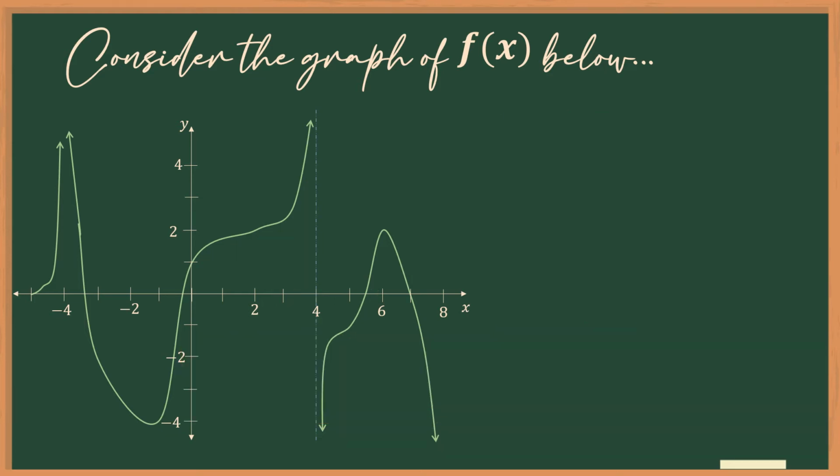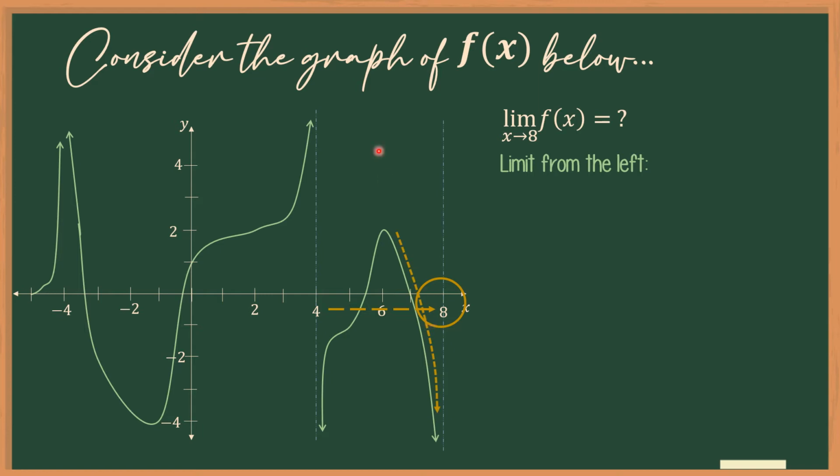We do the same thing for x equals 8. So we evaluate the limit as x approaches 8. We do the left-hand limit. As x approaches 8 from the left, what happens to the function values?